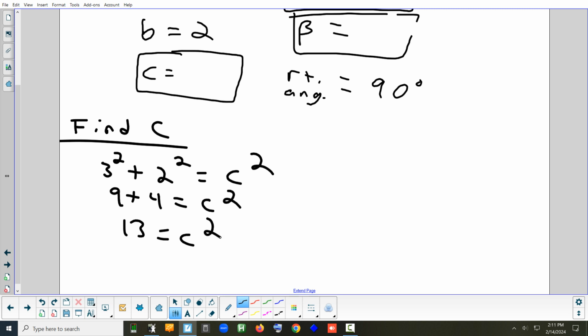And what do we do to both sides? Take the square root of both sides. Now, in these kinds of problems, they will tell you to round to 2 or 3 decimal places. Yesterday, we would have left the square root of 13. It'll say in the directions to leave the square root as an exact answer or round. This one we're going to round.